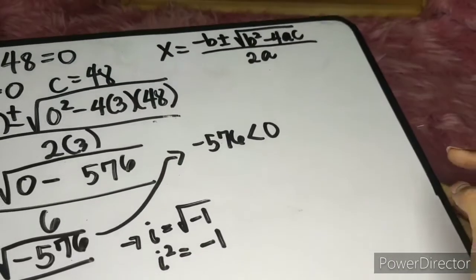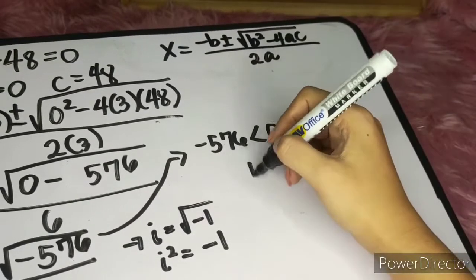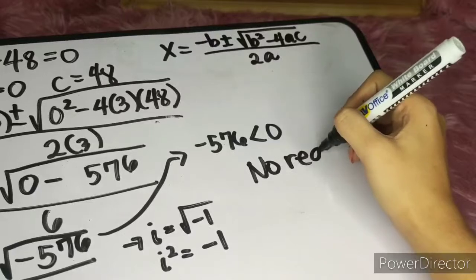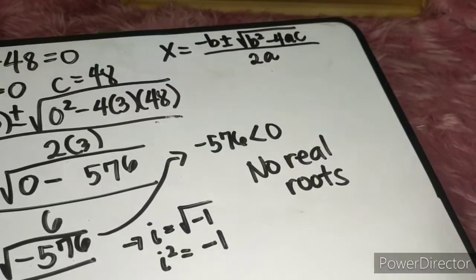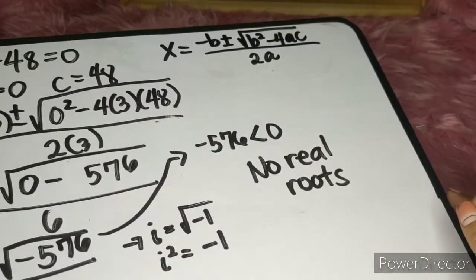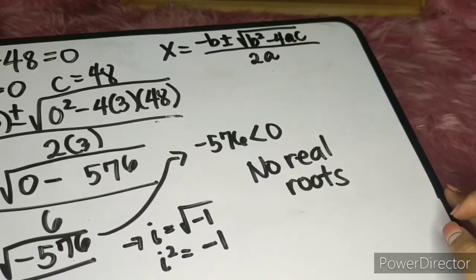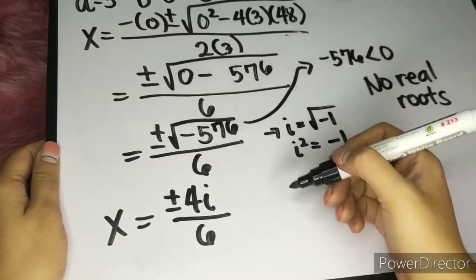At dahil less than 0 po, ito, ang ibig sabihin po, we have no real roots. Yan po yung discriminant natin. Kaya po, kapag nakakita po kayo ng negative na discriminant, it means that our roots contains I.